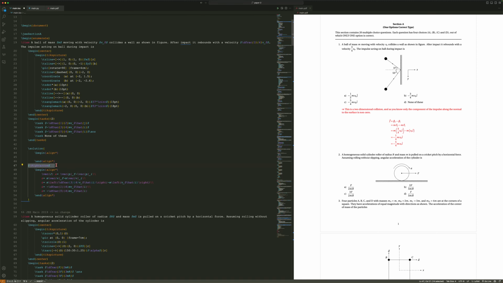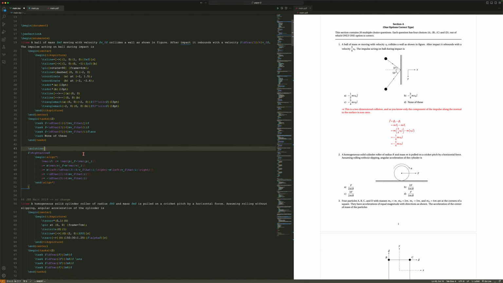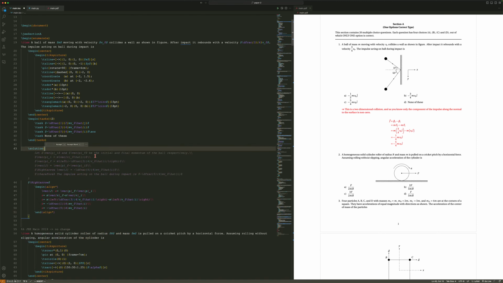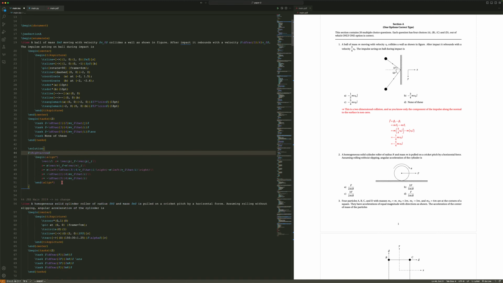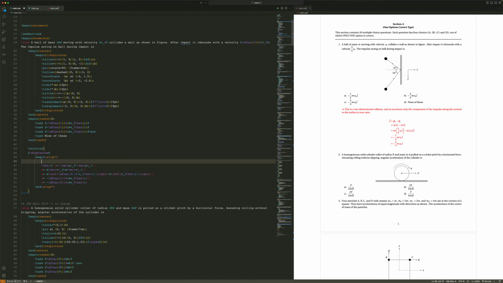Now we can put the arrow. I think I can use intertext.